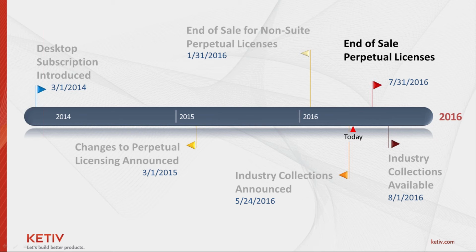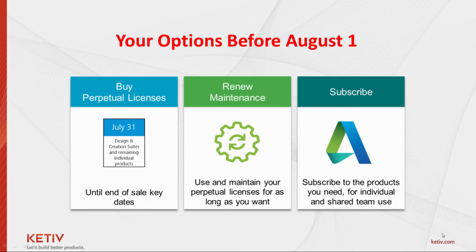What I want to show you on the next slide is going to cover all of your options now. Right now, like I mentioned, you can still buy perpetual licenses of suites, simulation tools, data management tools, and other items like that.